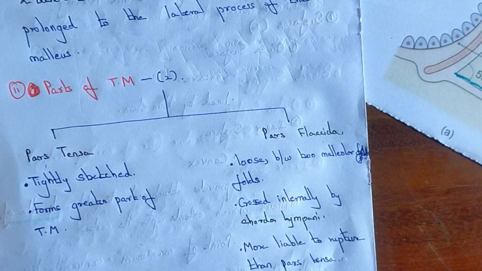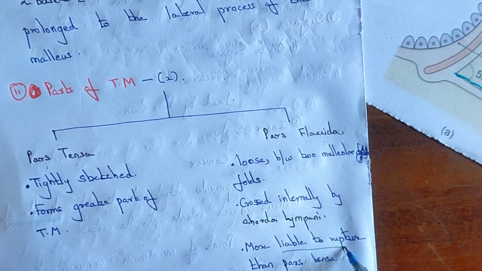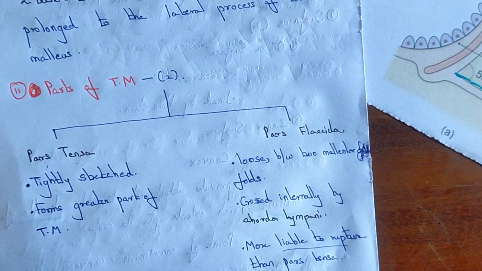The pars flaccida is crossed by the chorda tympani nerve and is more liable to rupture; it ruptures easily. The pars tensa is tighter and forms the greater part of the tympanic membrane, and the pars flaccida forms the lesser part.